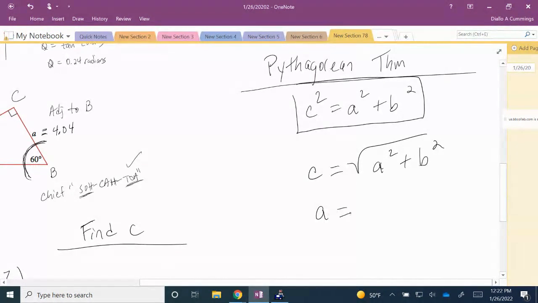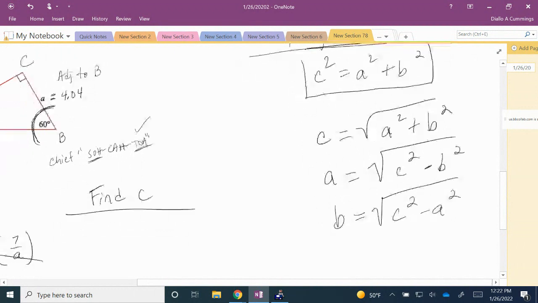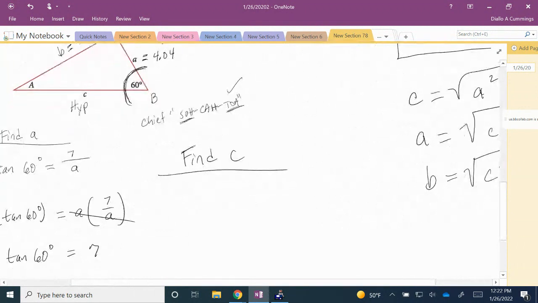I can also find A: A is equal to the square root of C squared minus B squared. And I can also find side length B: B is equal to the square root of C squared minus A squared. Here I'm asked to find C, so I'm going to use C is equal to the square root of A squared plus B squared.